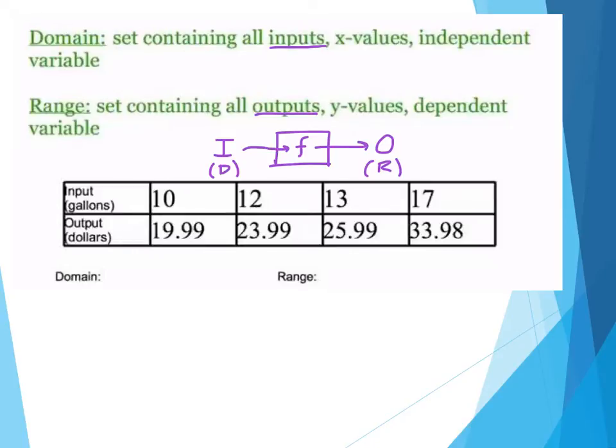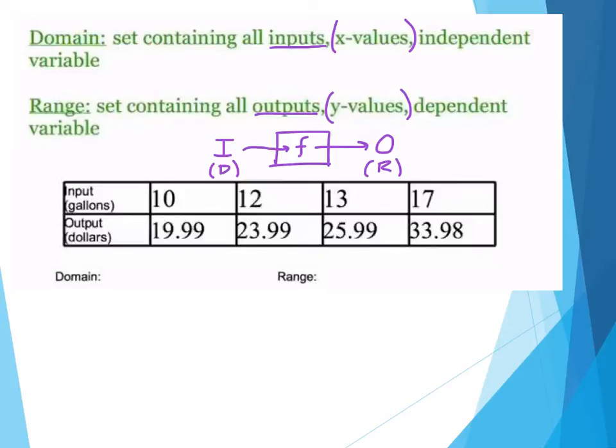Now in a table or anything I would give you, the domain represents all the x values, and the range simply means all the y values. In any sort of function, we plug in things to x, and what we get out is y. So there are some general terms in domain and range. If I look at this table, I give you input in gallons: 10, 12, 13, 17, and then output in dollars.